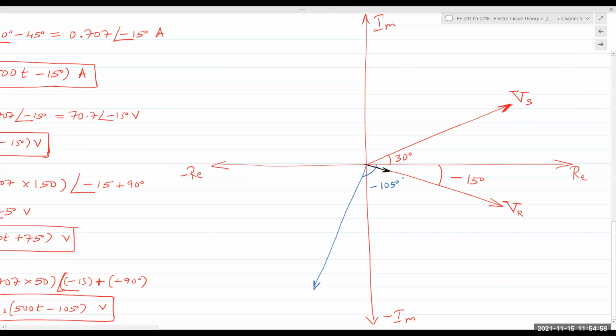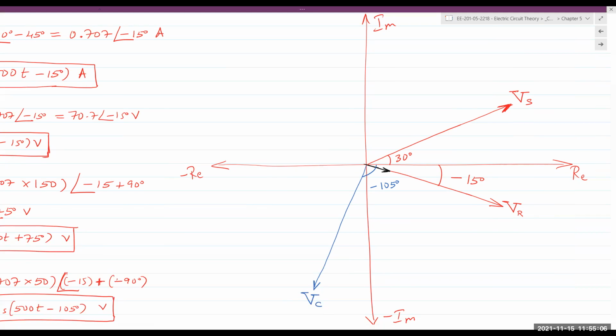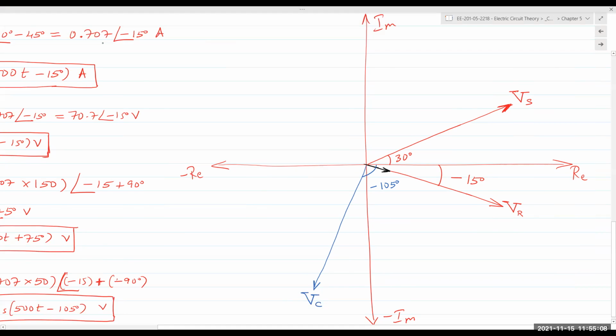The current is ahead, the voltage is behind by 90 degrees. For the inductor, the exact opposite. Inductor voltage is ahead of the current. And so here at plus 75, we have the inductor voltage VL.